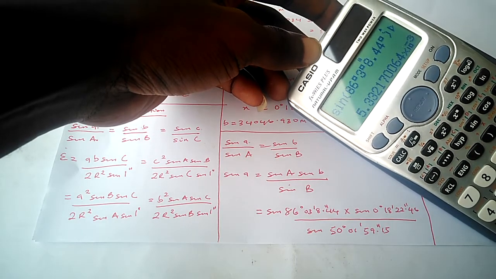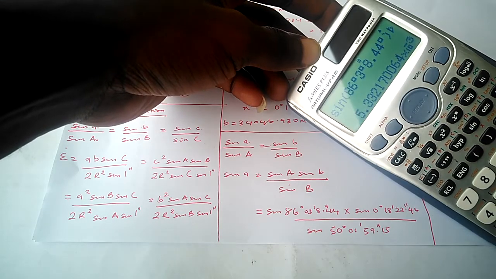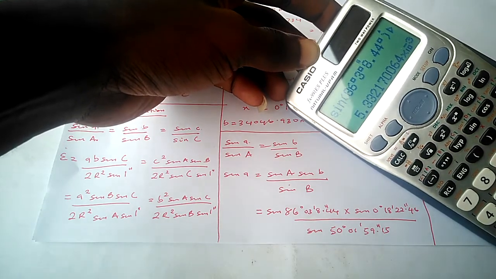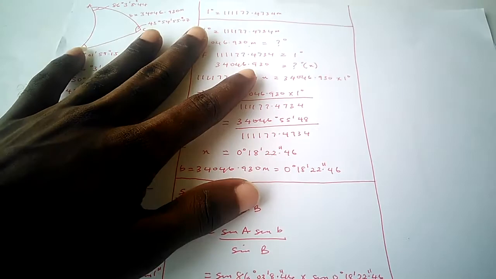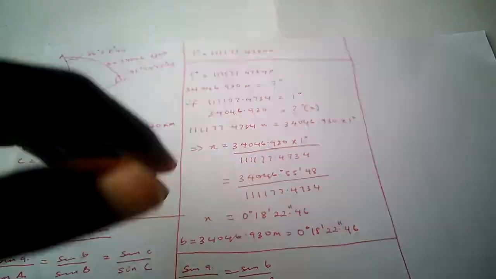We have this value for our numerator, so we just write it down somewhere on the next side of the paper.